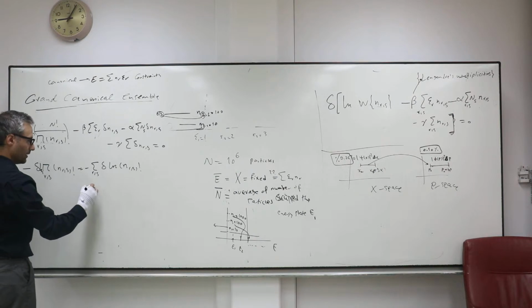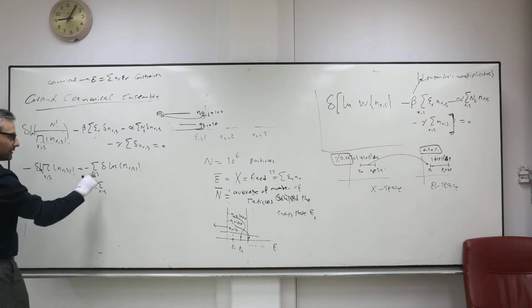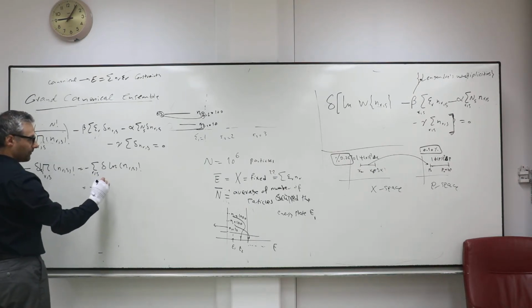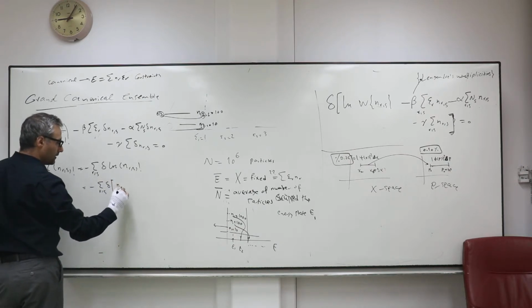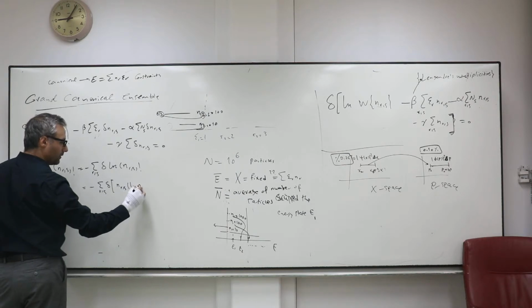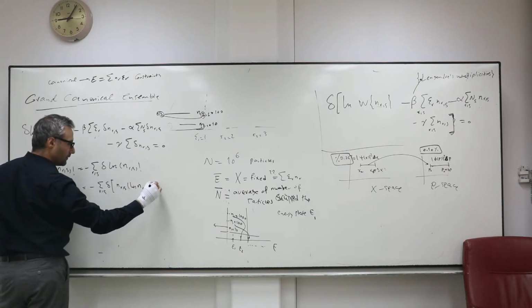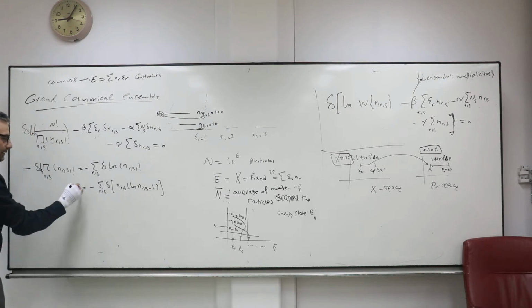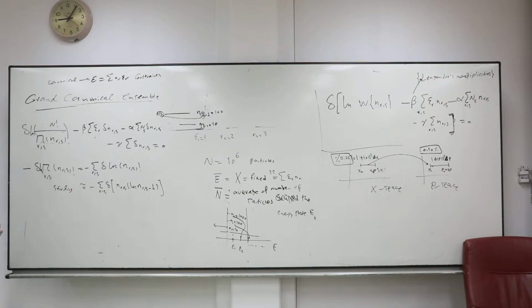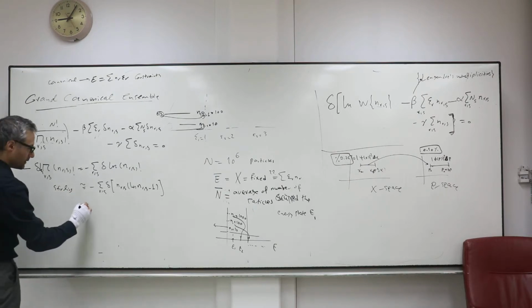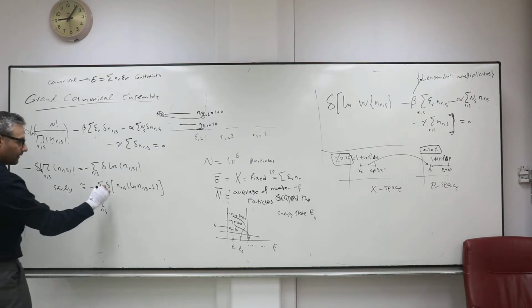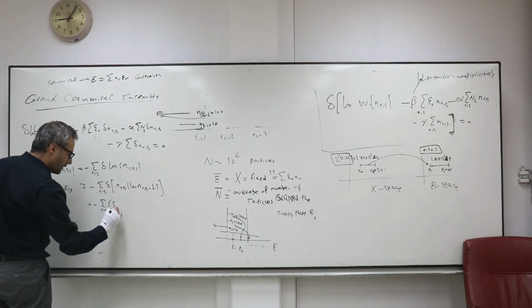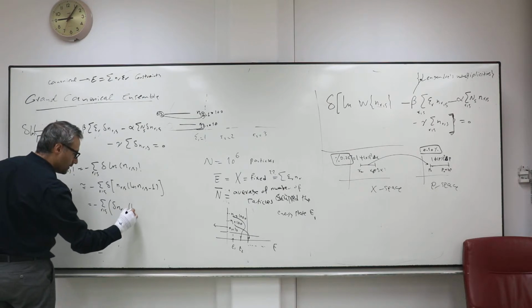Minus sigma rs. So we use here the Stirling approximation. I know that we need to be very careful about that, but anyway. I use the Stirling approximation here for the factorial, and make the variation from that. So minus sigma rs delta n rs. Just take the logarithm.